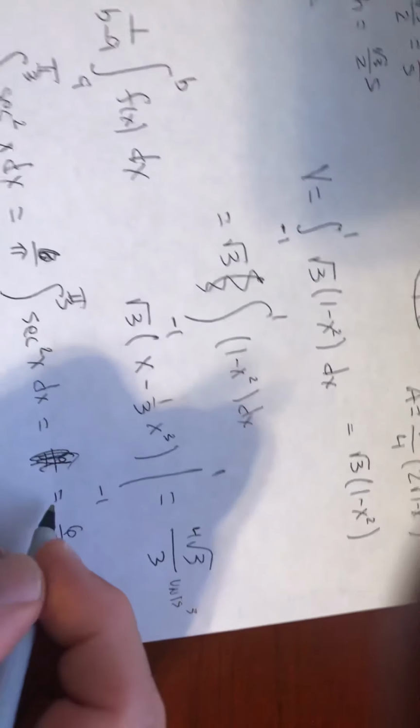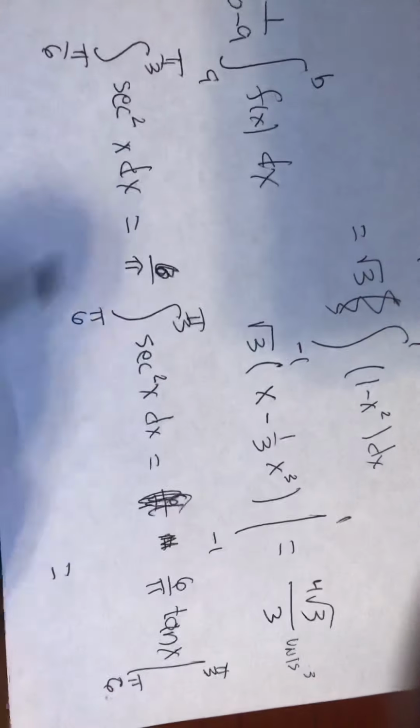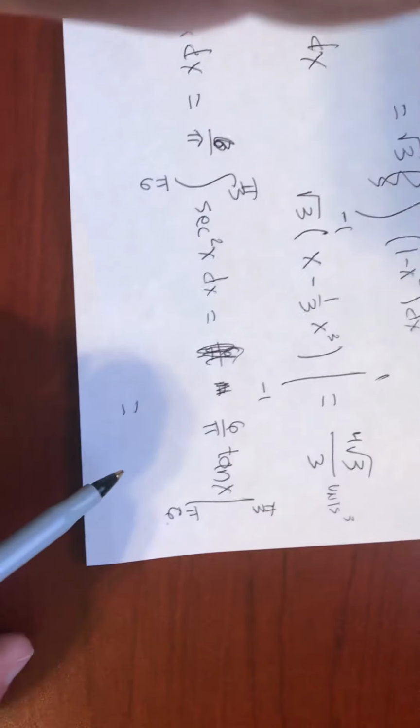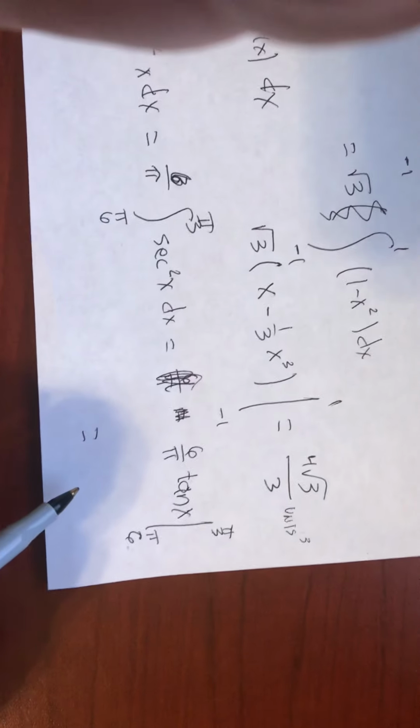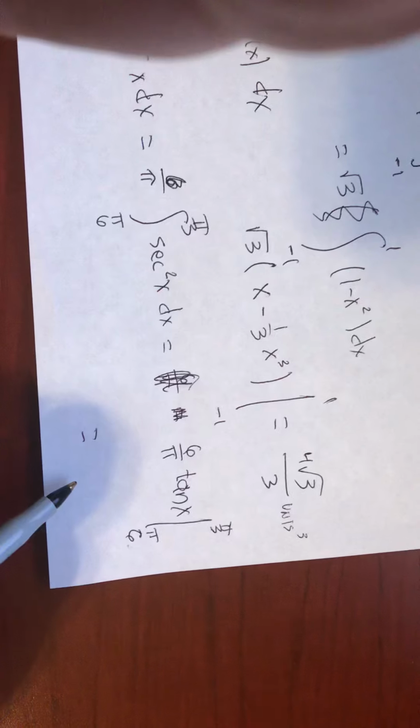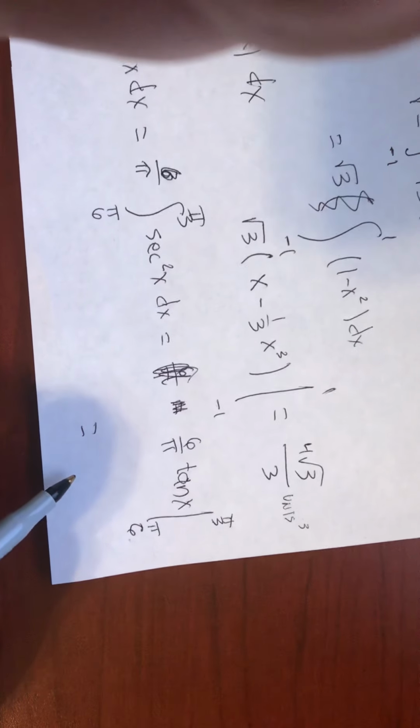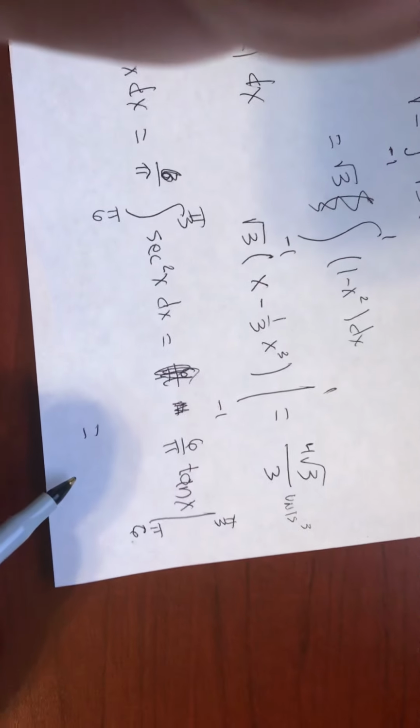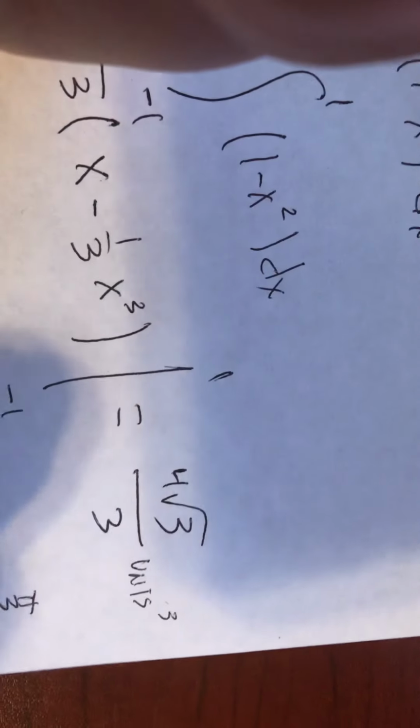You can actually do this on your calculator and put it in decimal form, or if you want to be really impressive, you can put it in exact form. If you do it exactly, you would get 4 square root of 3 over pi. When you write your answers in decimal form, please put it to 4 places.